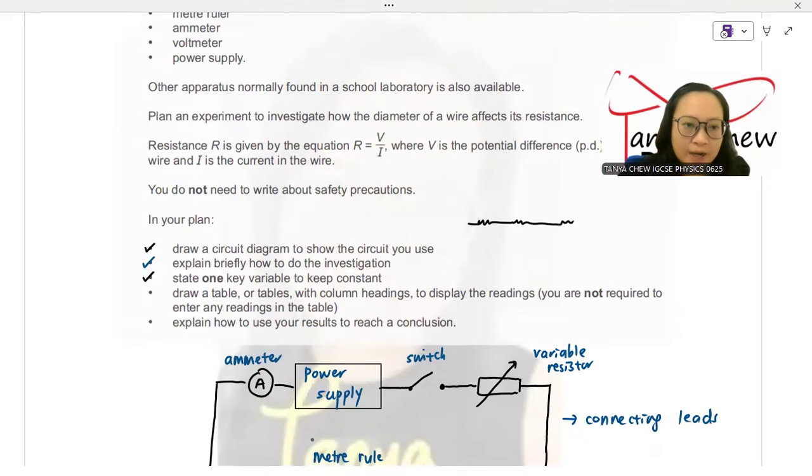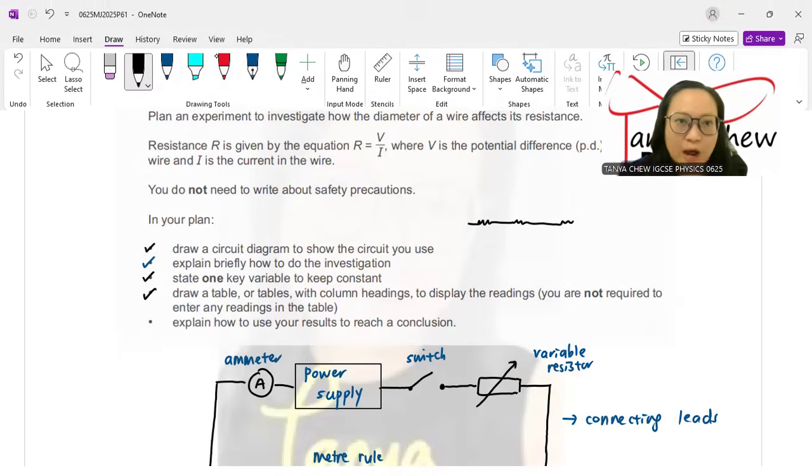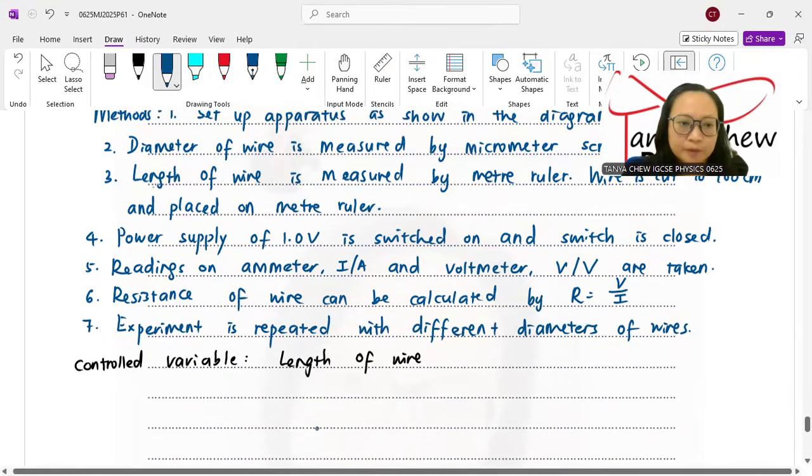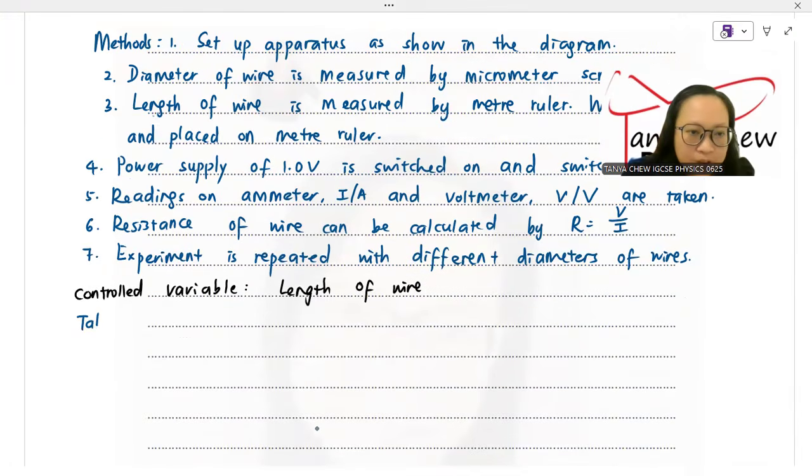And then next, I have to draw a table. So how do I draw a table? Just put here, table. My table would be diameter of wire, because I use a micrometer to measure, so the unit is mm.